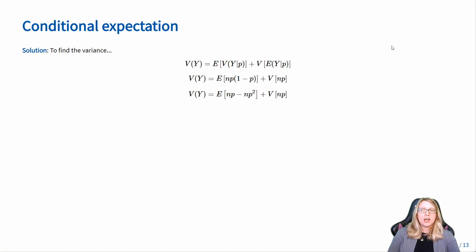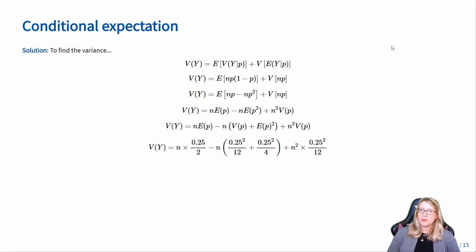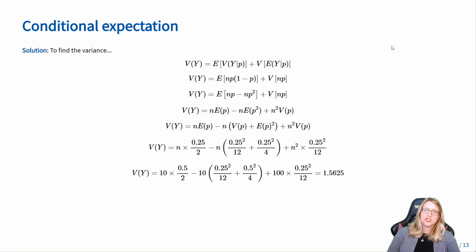We've got a little bit of algebra to work through. We get something that looks like this for our variance, plugging in n at the very end so we can follow how this all works generally. We get an unconditional variance on Y of 1.5625.